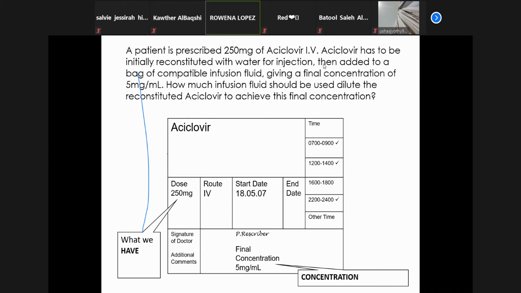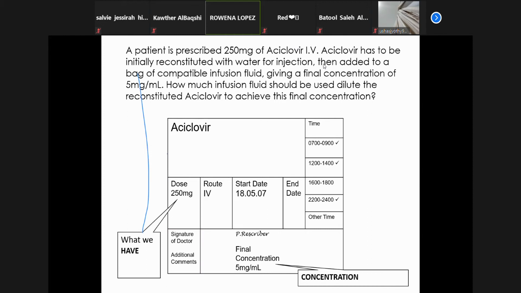How much infusion fluid should be used to dilute the reconstituted aciclovir to achieve this final concentration? So again, a patient is prescribed 250 milligrams of aciclovir IV, reconstituted with water for injection, then added to the bag of compatible infusion fluid, giving a final concentration of 5 milligrams per ml. So how much infusion fluid should be used to dilute the reconstituted aciclovir to achieve this final concentration?